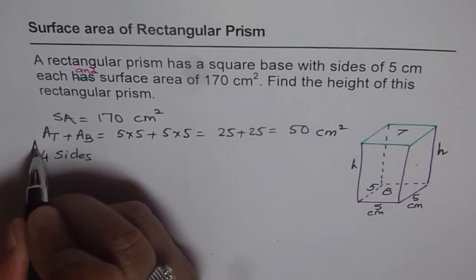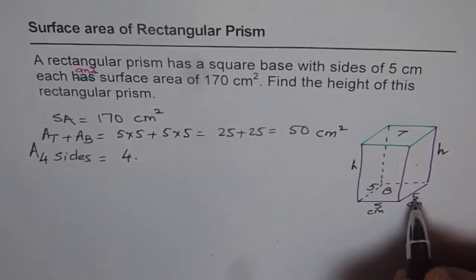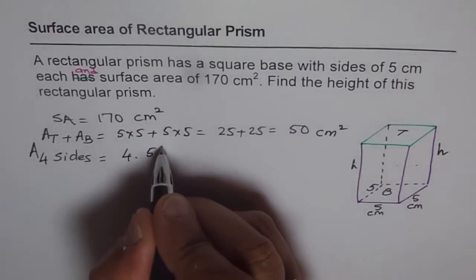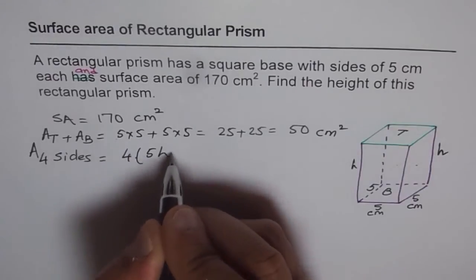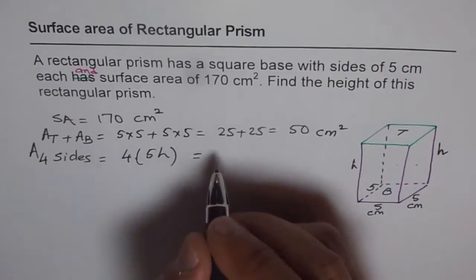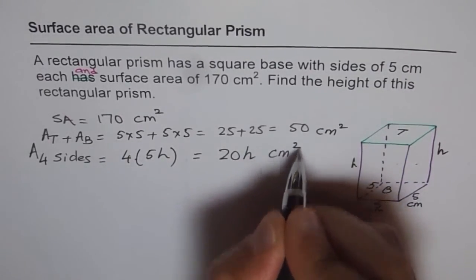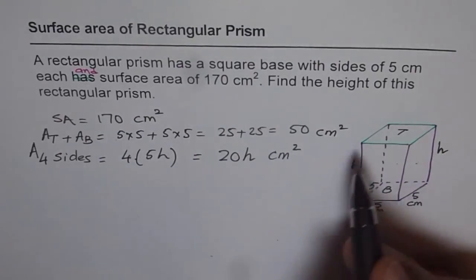So area of 4 sides is equal to 4 times 5 times height, that is 4 times 5h. That makes it 5 times 4 is 20, 20 times height centimeter square. So that is complete surface area of these sides.